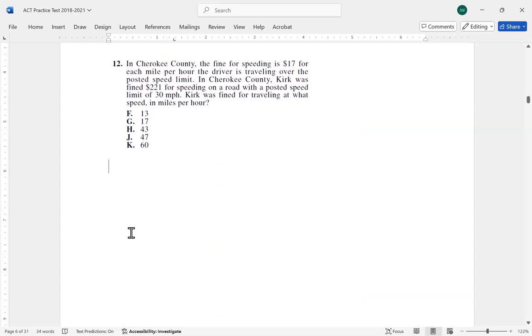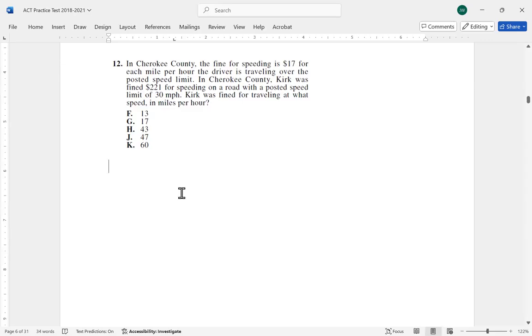Question 12. In Cherokee County, the fine for speeding is $17 for each mile per hour the driver is traveling over the posted speed limit. In Cherokee County, Kirk was fined $221 for speeding on a road with a posted speed of 30 miles per hour. Kirk was fined for traveling at what speed in miles per hour?